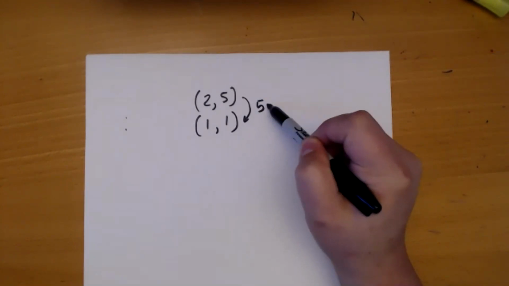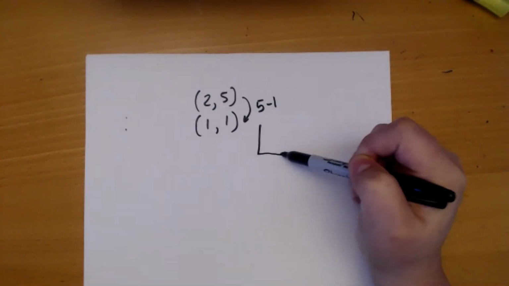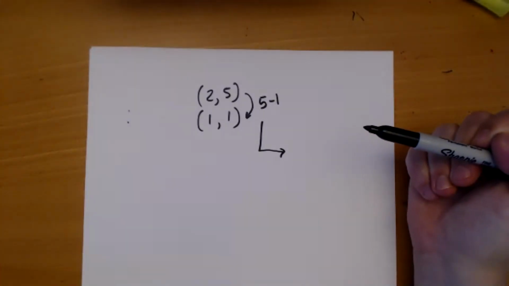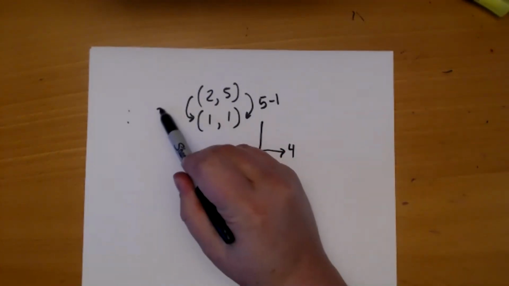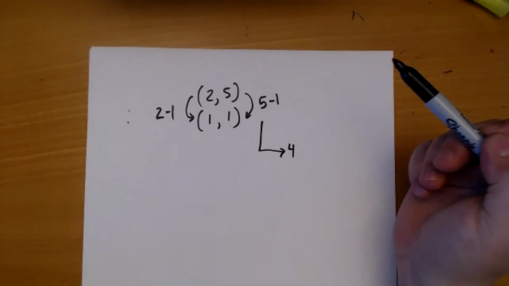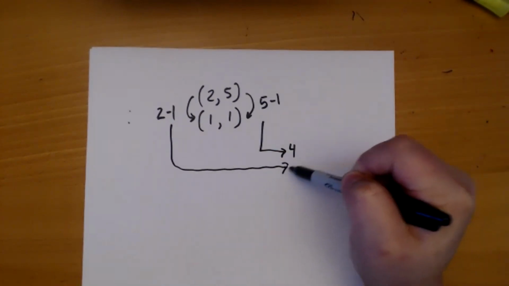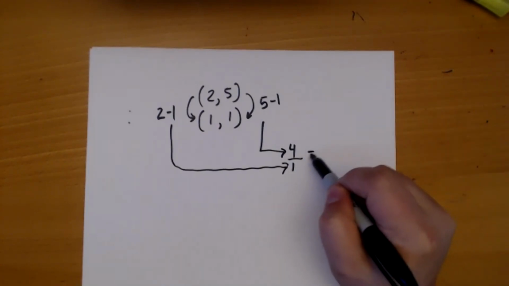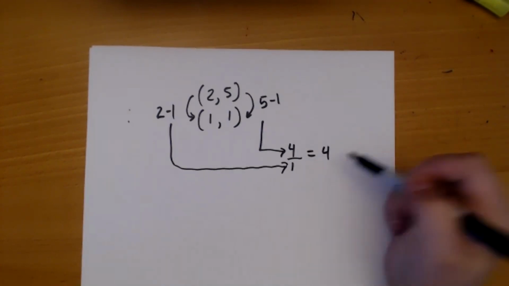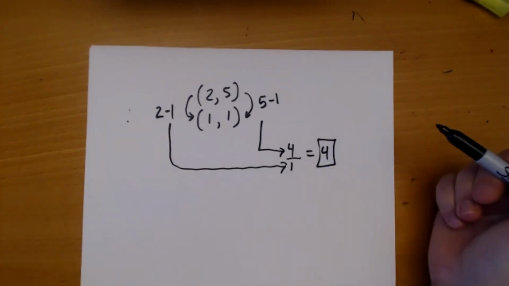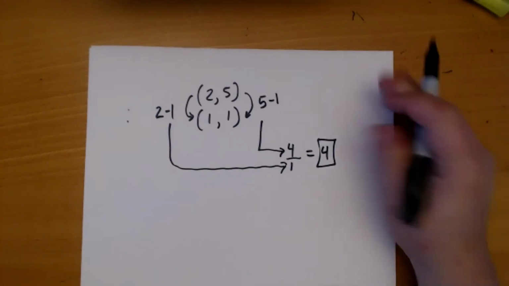What's 5 minus 1? Come on now. 4. Thank you. What's 2 minus 1? 1. What's 4 over 1? 4. That's your slope. Last one for a minute.